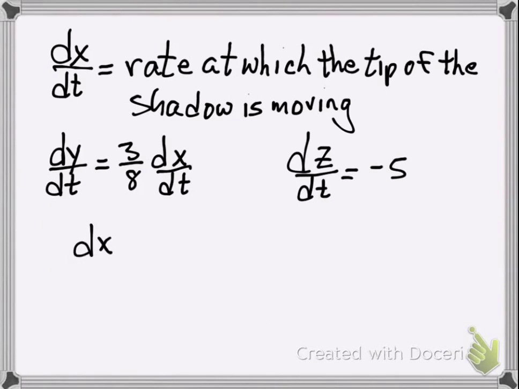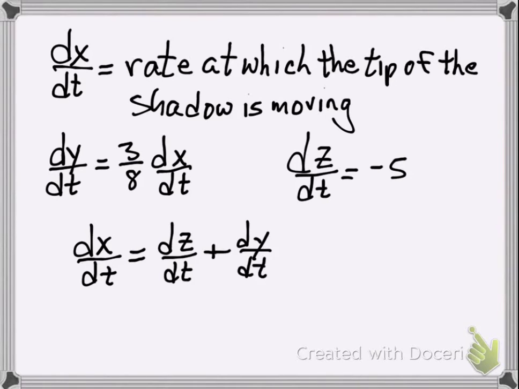So let's go back and borrow this equation and make some substitutions. We know that dx/dt is equal to dz/dt plus dy/dt. But dz/dt is -5, and dy/dt is equal to 3/8 times dx/dt.